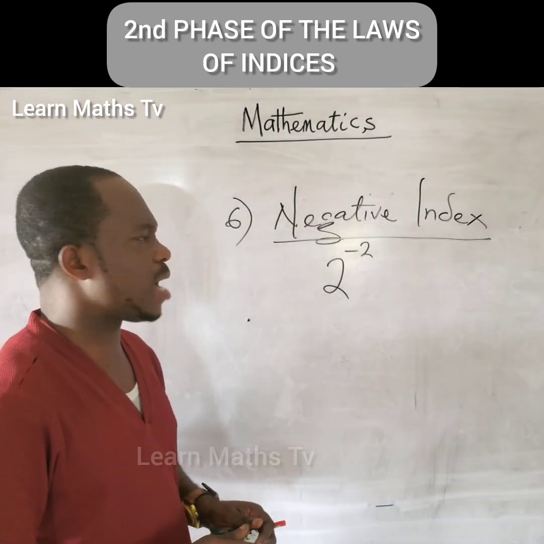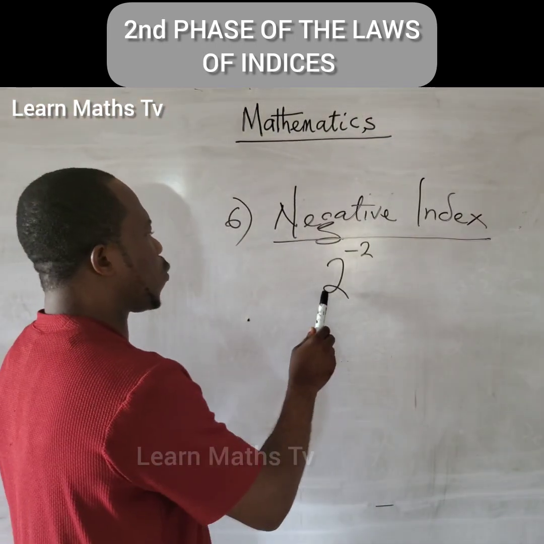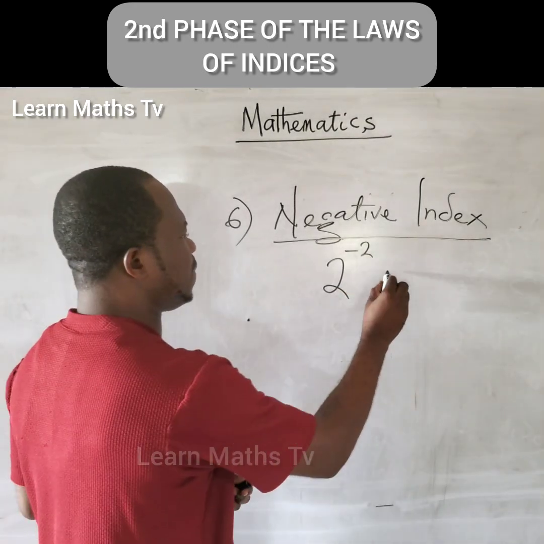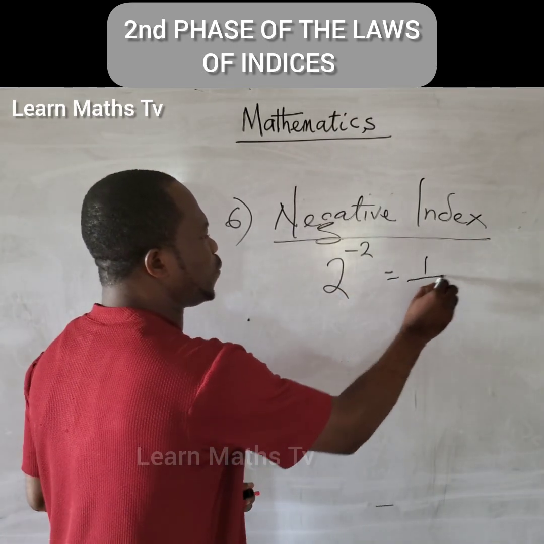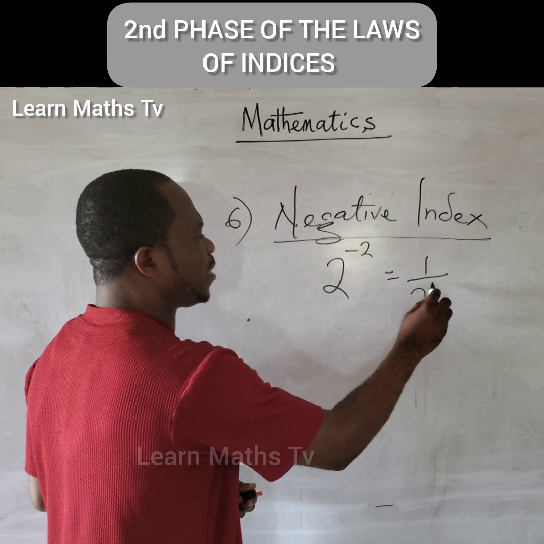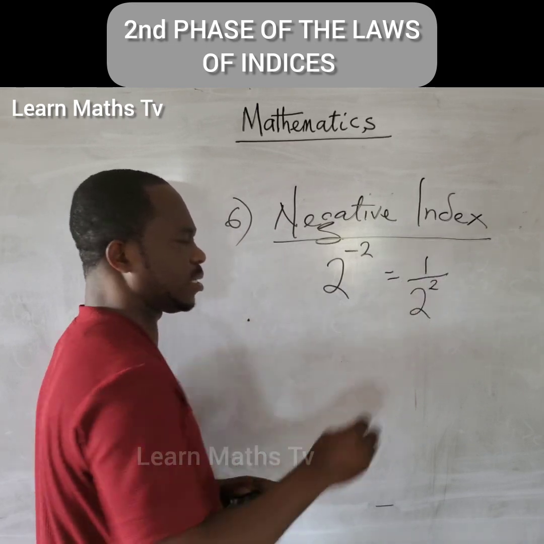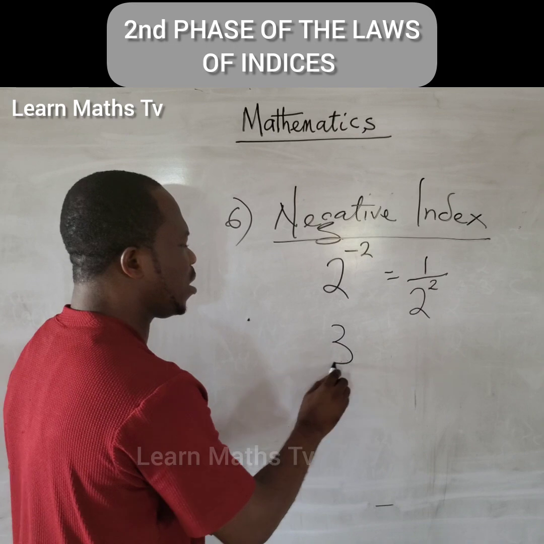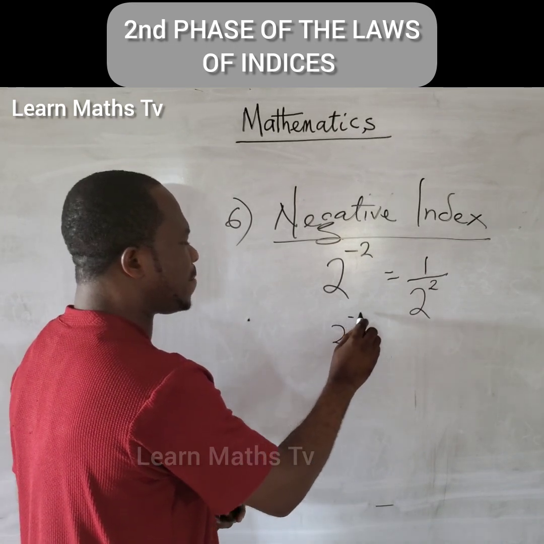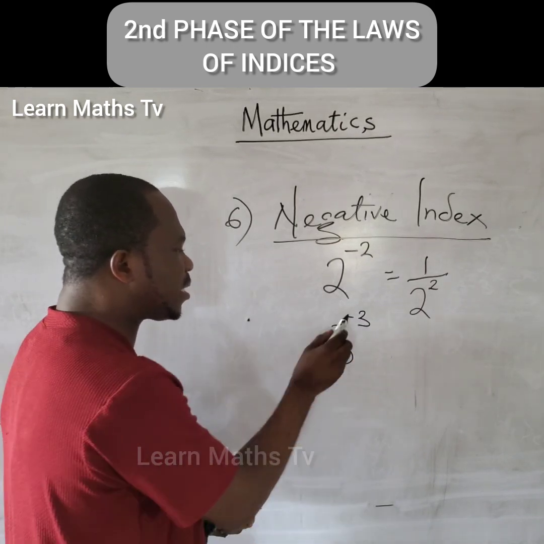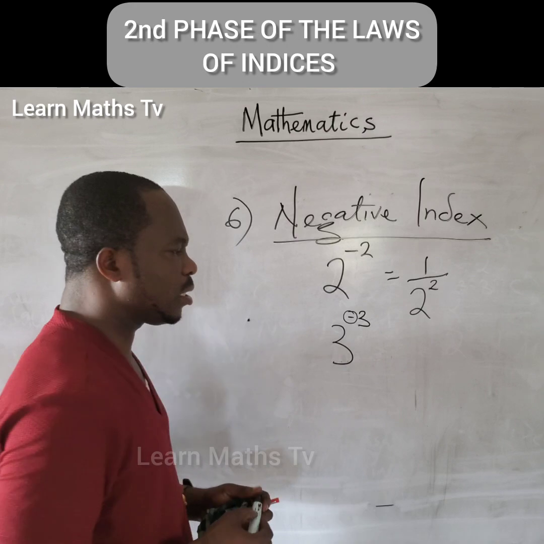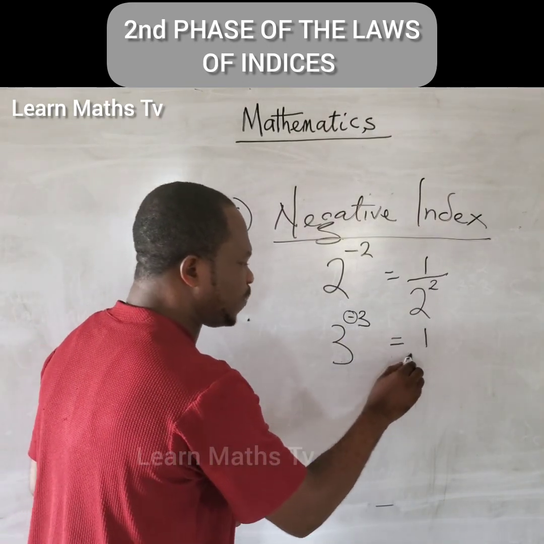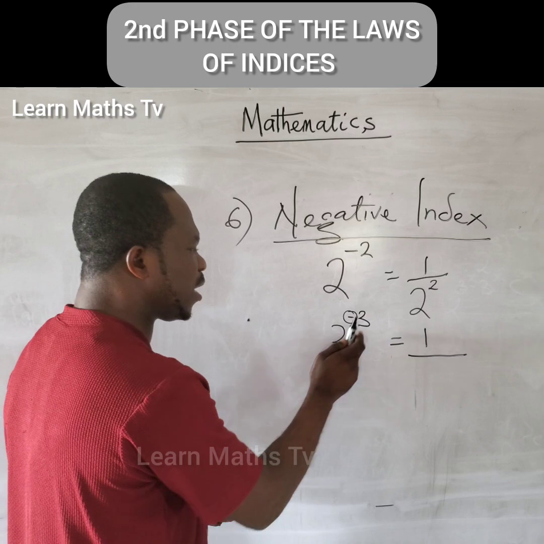Negative index states that when a number is raised to a negative power, the negative power becomes the reciprocal of the same positive index. That is to say that if we have, let's say, 3 raised to power minus 3, this negative sign, which is the minus, becomes the reciprocal of 3 raised to power 3.